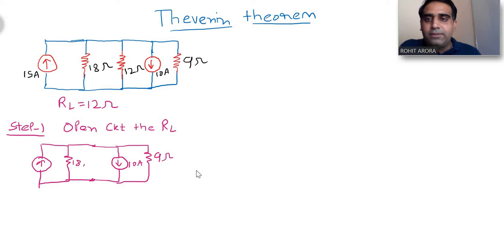Now, after that, analyze the circuit, how this circuit will be solved, or is there any modification in the circuit? What I am thinking is that this is a current source of 15 ampere and this is an 18 ohm resistance.